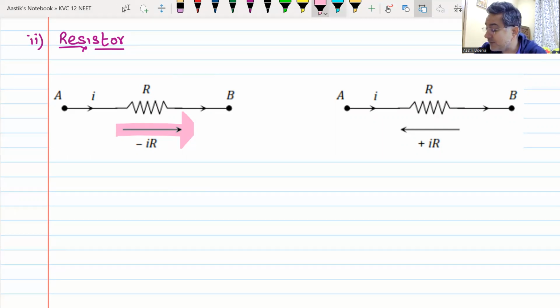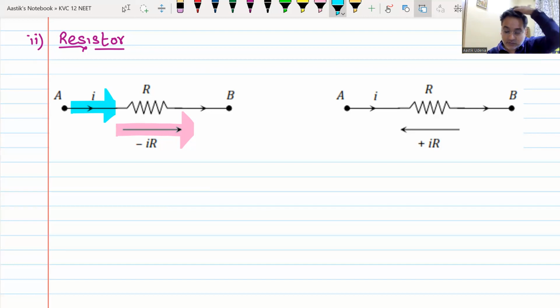But now you have to look at the direction of current. The blue is the direction of current. So now you are moving in the direction of current. Do we understand this? Yes, sir. Current always flows from where to where? Higher to lower or lower to higher?